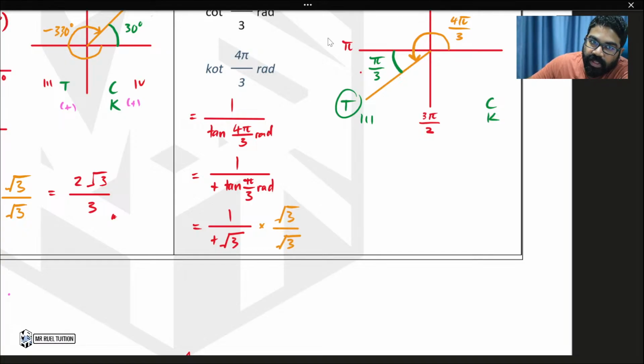So ini ialah set 3 over 3 lah. Set 3 per 3. Okay? Done. Clear class? Jelas tak? Okay.